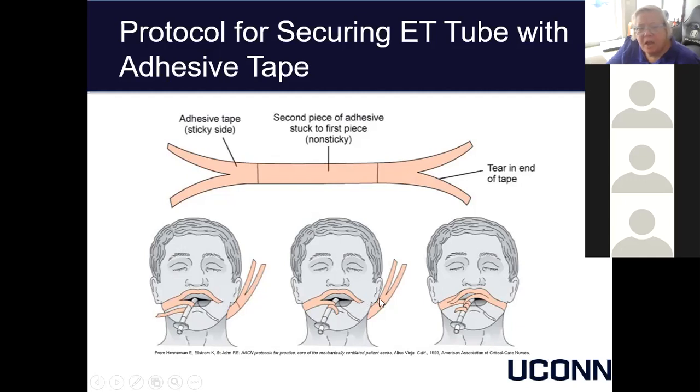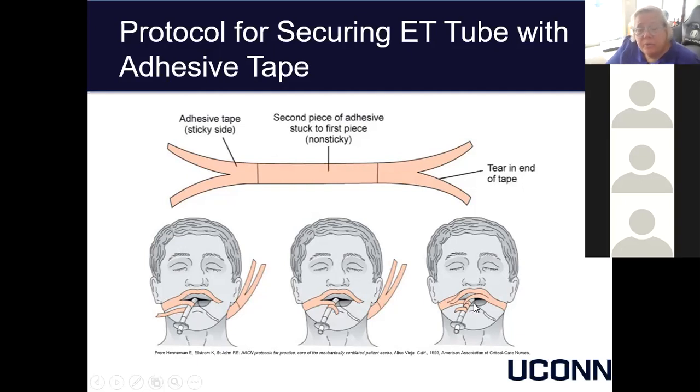The other side comes, again, usually on top of the lip, then wrapped around the tube, and that keeps it in place. And just like with tracheostomy trach ties, if this gets wet, if it gets saturated, if it gets dirty, it gets changed.